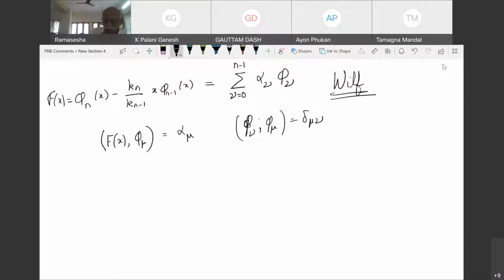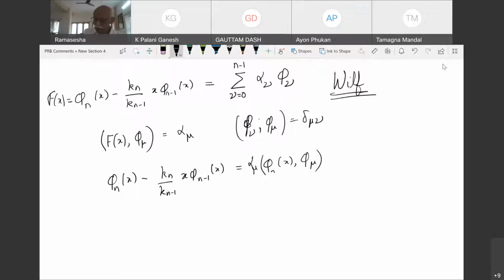So let us see how. I have the following: the coefficient alpha_mu is equal to the inner product of p_n(x) minus k_n upon k_{n-1} x p_{n-1}(x) with p_mu. This will be equal to the inner product of p_n(x) with p_mu, and minus k_n upon k_{n-1} times the inner product of x p_{n-1}(x) with p_mu(x).